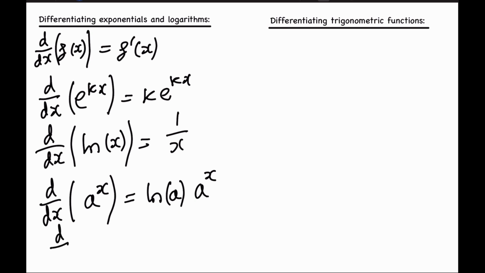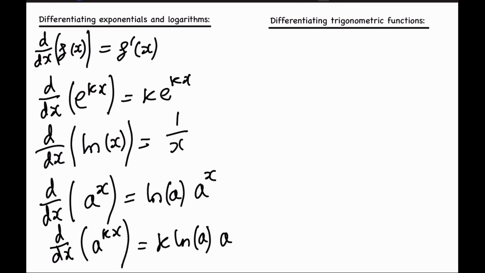And if we differentiate a to the kx, we would get k times ln a, multiplied by a to the kx. And these are the differentiation rules for exponentials and a logarithm.